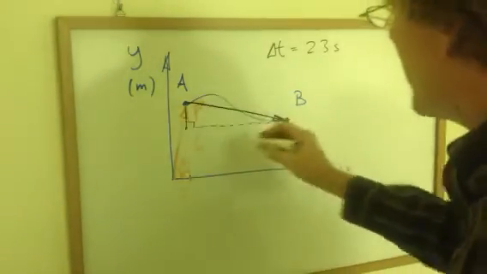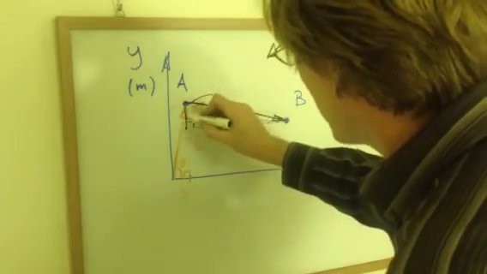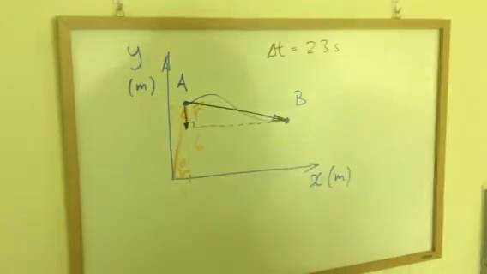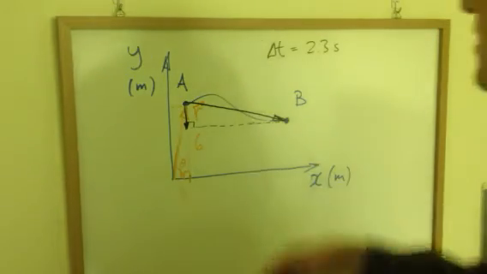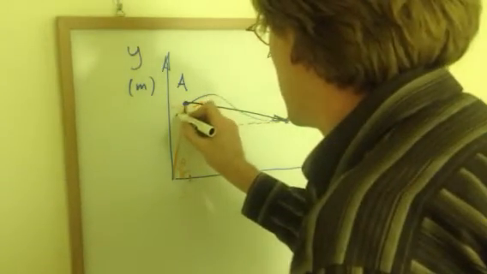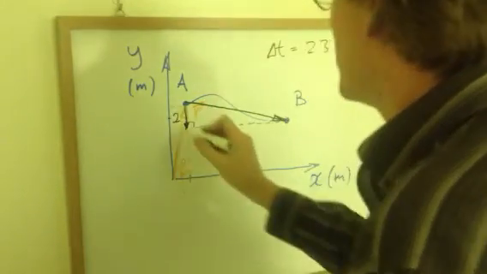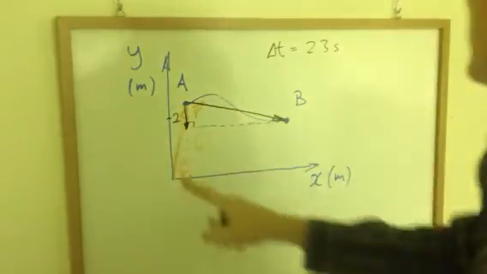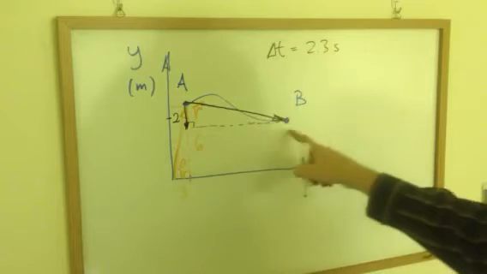Now, if you fly from A to B, in my diagram, you travel downwards. Say this is 2 units downwards, and you travel over.